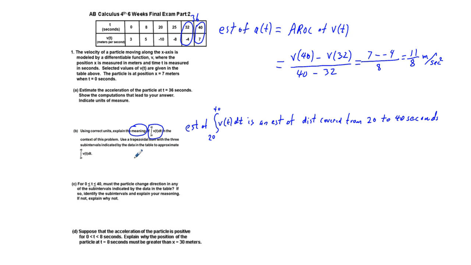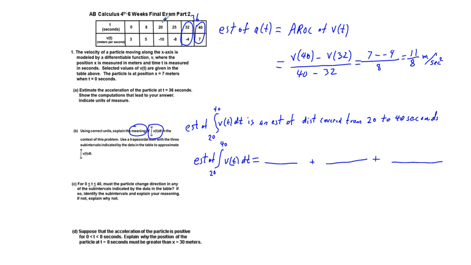Use a trapezoidal sum with the three subintervals indicated to approximate. So the estimate of the integral from 20 to 40 of v(t) dt is equal to a sum of three trapezoids. There's 1, 2, 3.